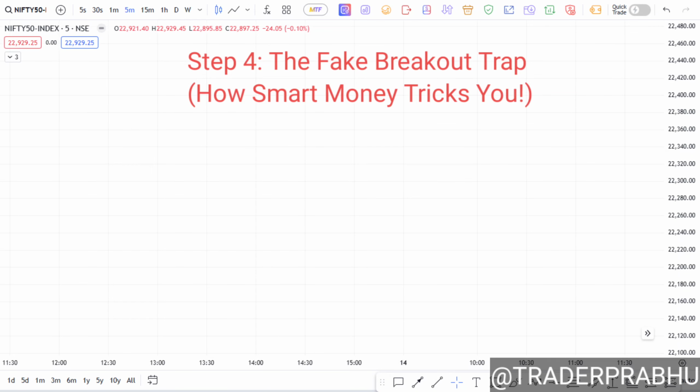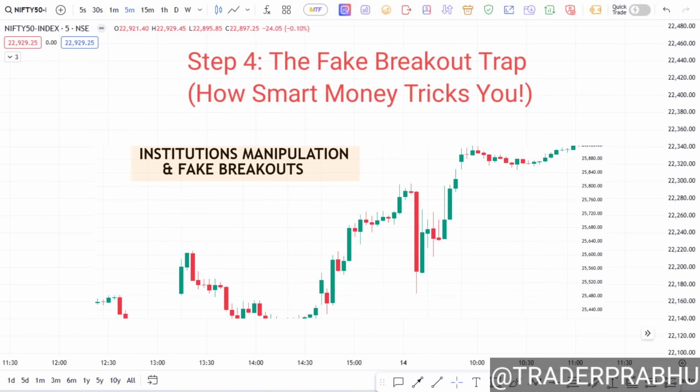Step 4. Now let's talk about the number one way traders get trapped: fake breakouts. This is where most traders lose money and where big players profit. Here is how it works: price breaks above resistance, retail traders jump in long, price suddenly reverses and crashes, retail traders panic and sell.